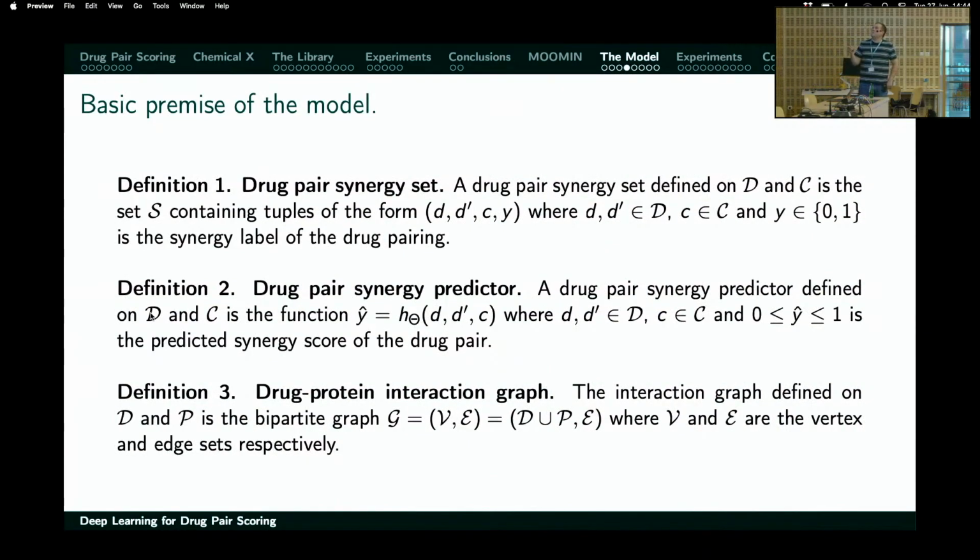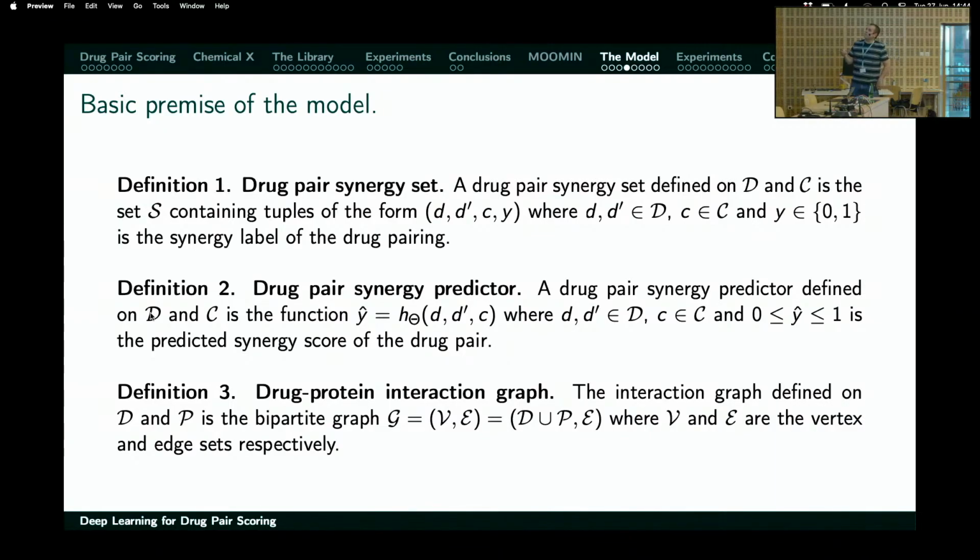So we will operate on a drug pair synergy set. It's defined on a set of drugs, a set of contexts, and we will have these binary labels. And we are going to score this with a parametric predictor that depends on the drug indices and the context index, and it's going to output a propensity score for us.